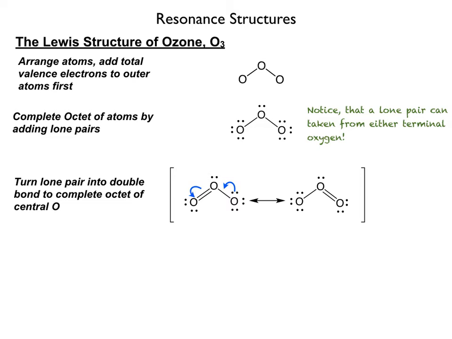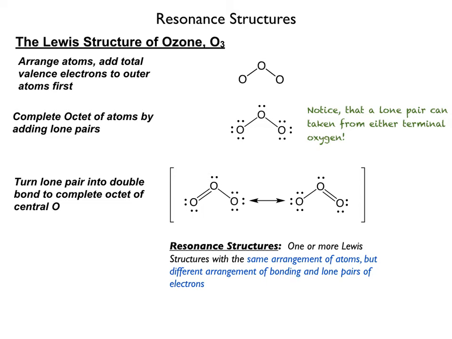These structures, in fact, can also be related by moving the electron pairs within them. I can move a lone pair of electrons from that right oxygen and then push a bonded pair to the terminal oxygen on the left, following those blue arrows, to get to that structure on the right. These two structures are what we refer to as resonance structures. Resonance structures are 2 Lewis structures that only differ in the arrangement of their electrons.